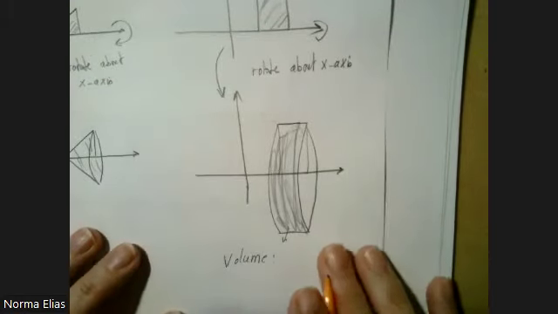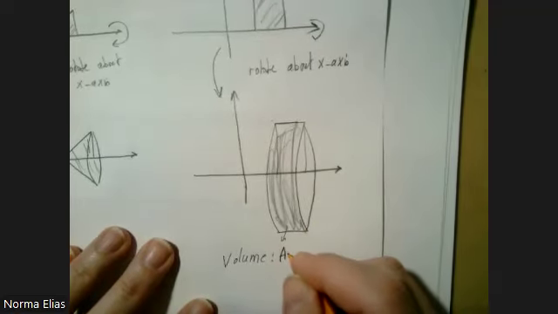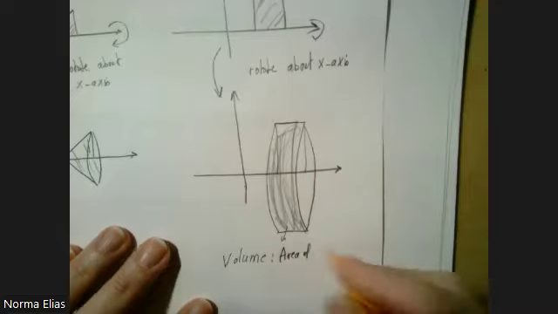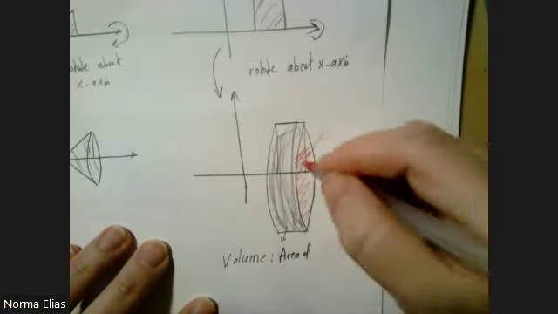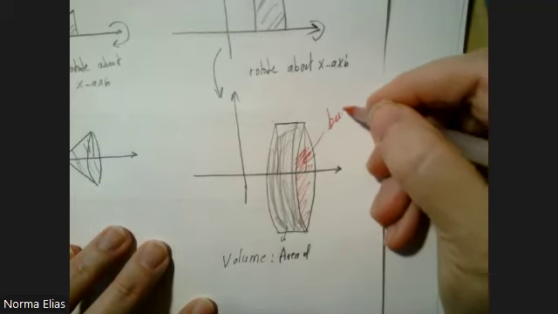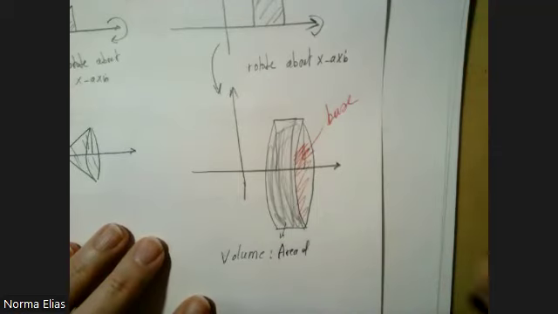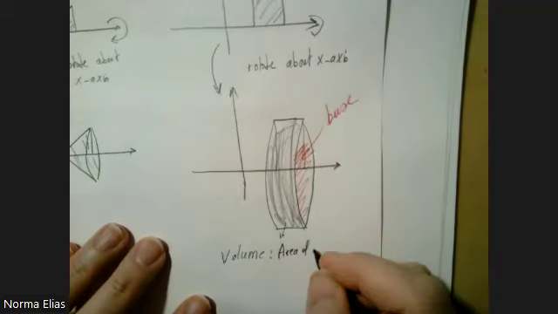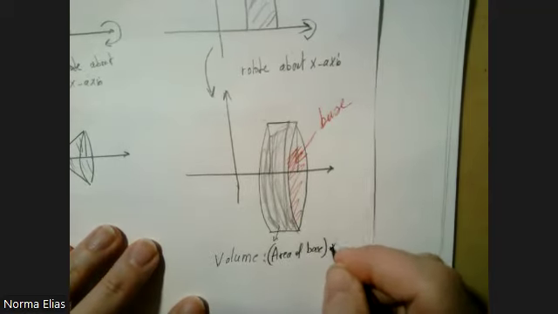Okay. What's the volume of a cylinder? It's the area of a circle times the depth. Exactly. It's the area of the base. And what we mean by base is this one. That's the base. Area of the base, you call it the circle, I call it base, times the depth.